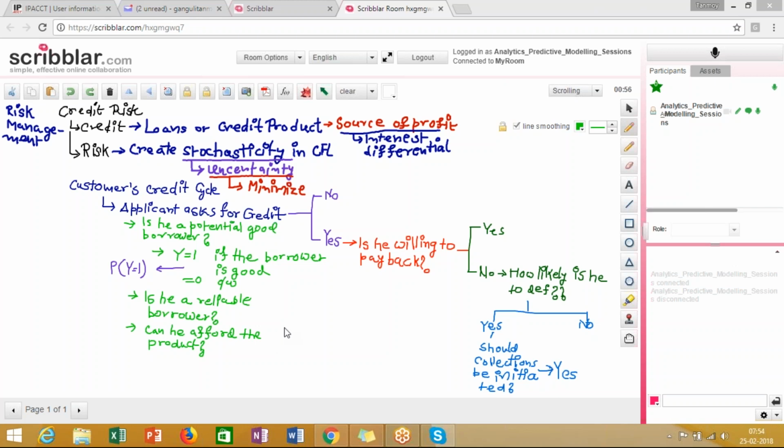So the first question I want to assess is, is he a potential good borrower? When assessing that, I ask, is he a reliable borrower and can he afford the product? Now that I know these are the two things, I move on to the next part.